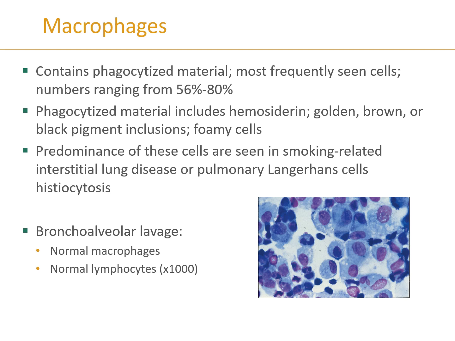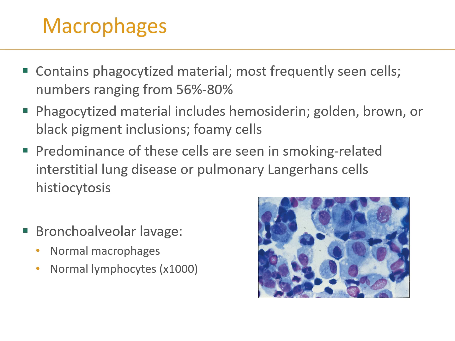With macrophages, you will see these as large cells that contain phagocytized material. These are going to be the most frequently seen cells, and they can range anywhere from 56 to 80% of the cells present. That phagocytized material could include hemosiderin, which is going to give a golden brown or black pigment to whatever is inside of that cell.